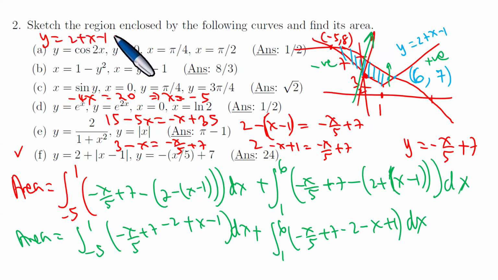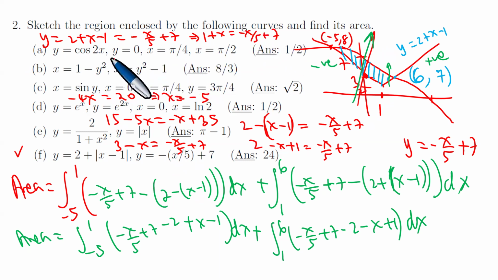But the other limit of integration, then, it's going to be exactly y is 2 plus x minus 1. It must be equal to minus x out of 5 plus 7. This means that you have exactly 1 plus x equals minus x over 5 plus 7.